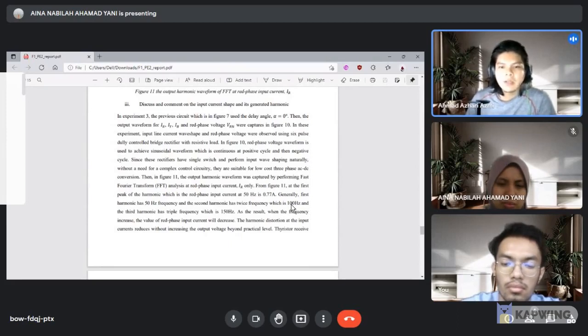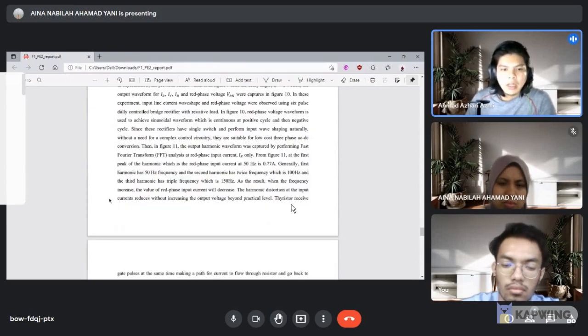Generally, the first harmonic has a 50 Hz frequency, the second harmonic has twice the frequency, which is 100 Hz, and the third harmonic has triple the frequency, which is 150 Hz. As a result, when the frequency increases, the value of the phase input current decreases. So the harmonic distortion at the input current will reduce without increasing the output voltage beyond the rated level. That's all.